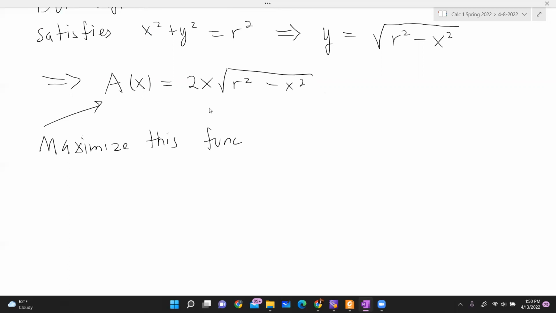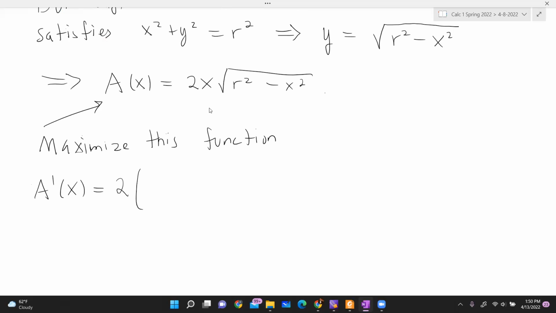We're going to find a value of x for which it has a maximum, so we need to take the derivative. We have a product of two functions of x, 2x times the square root of r squared minus x squared. Actually, we can just ignore the 2 and keep it on the outside, so we'll have 2 times something in parentheses.